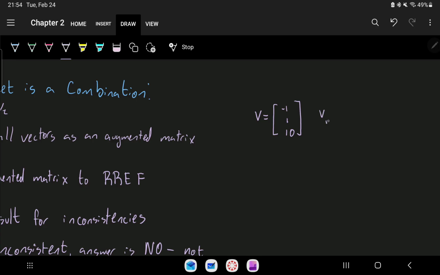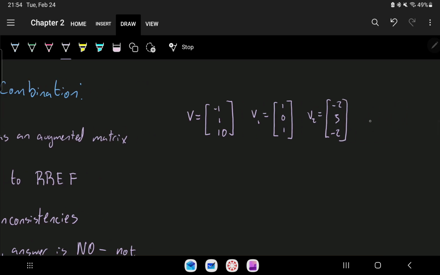And say we have v1 is equal to 1, 0, 1, v2 as -2, 3, -2. We'll throw one more in there as well. Give us v3. It's -6, 7, and 5.